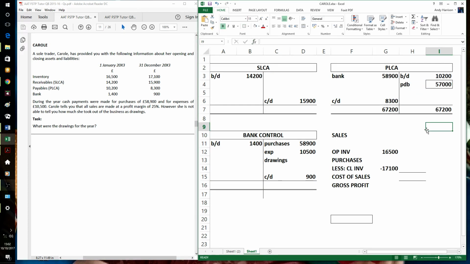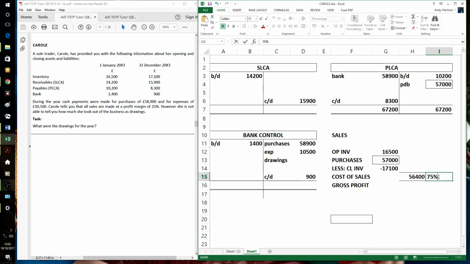One of our key figures, we've worked that one out, and that also goes here. So with those three figures done, we can now work out our cost of sales. $56,400, and as we've got a profit margin, we can now work out a lot more figures.